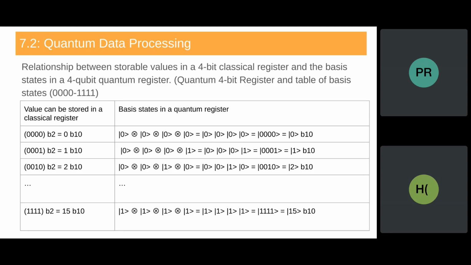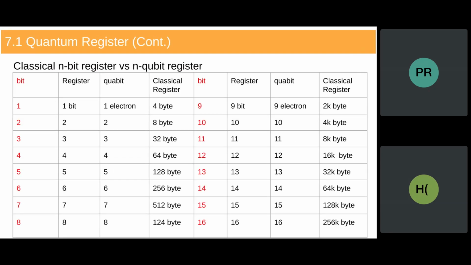What is the relation between storable values in a 4-bit classical register? We have said that we need 0 to 15, which is 16 values, and that corresponds to the basis 10 we will have accordingly in the register table. This is just a representation for 16 we had done previously for 2 to the power n.